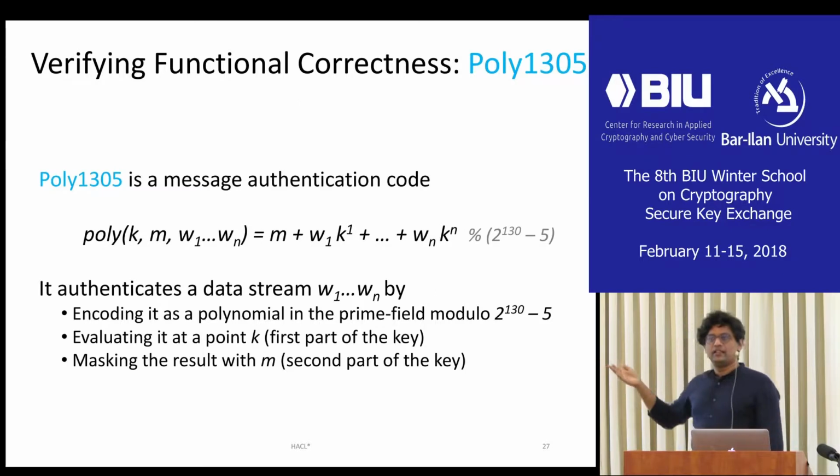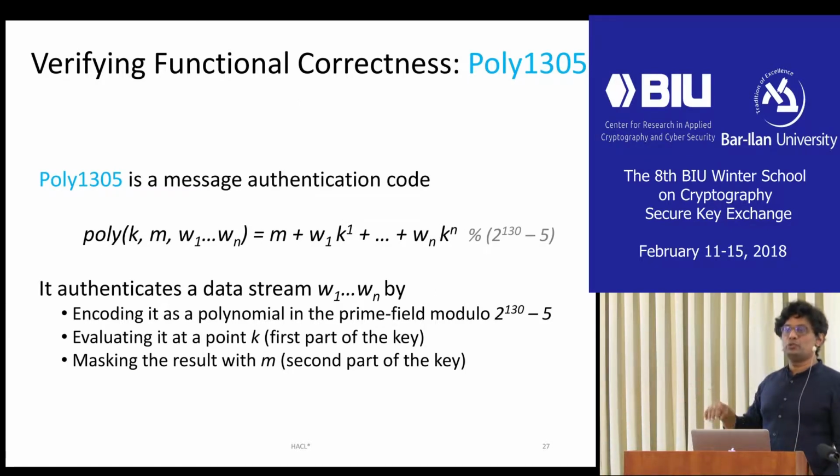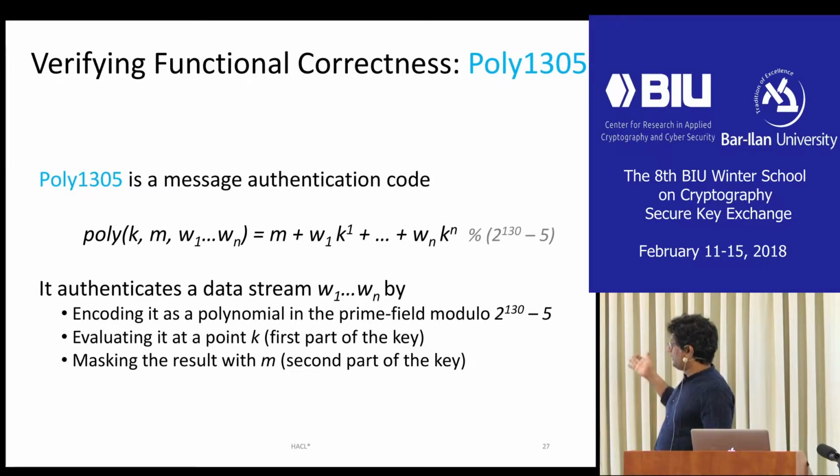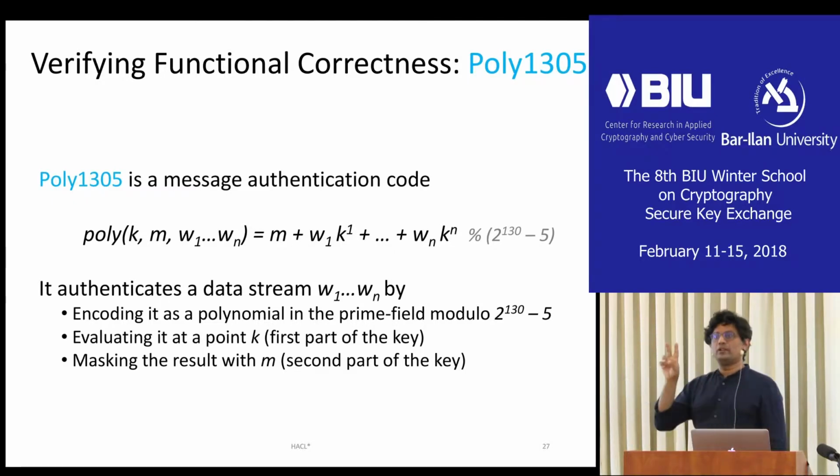In this case, it's called Poly1305 because you evaluate the polynomial modulo 2 to the 130 minus 5, which is a prime. So what you're doing here is this MAC computation is authenticating a data stream by encoding it as a polynomial in the prime field modulo 2 to the 130 minus 5, evaluating it at a particular point k, and then masking the result with n, which is the second part of the key. So the k and the n together are the key for this MAC construction.